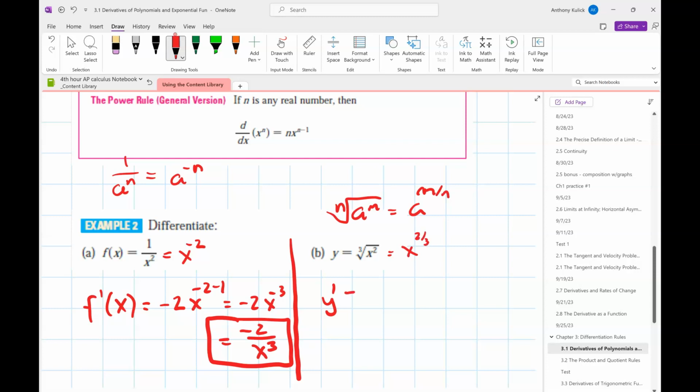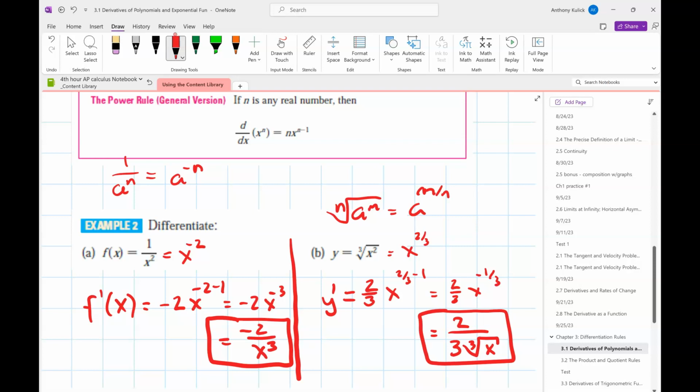Again, that's another Algebra 2 rule. So when I take the derivative, I get 2/3 x to the 2/3 minus 1. So 2/3 x to the negative 1/3, or 2 over 3 cube roots of x.